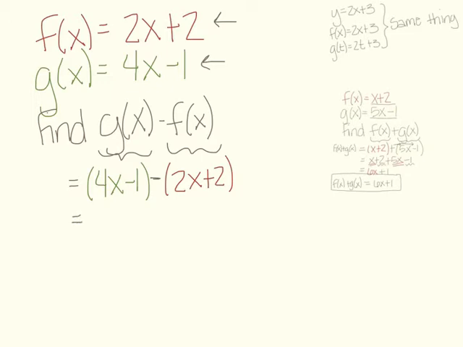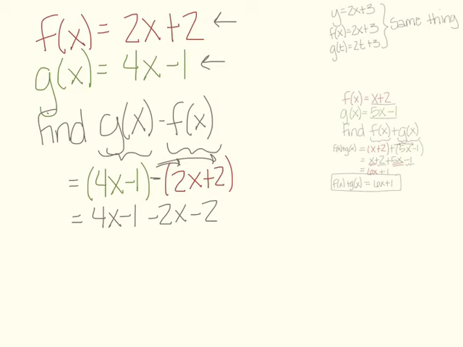So again, in these first parentheses, nothing changes, so I can just rewrite it without the parentheses. But in this next set of parentheses, I have distributive property. Negative times 2x is a negative 2x. Negative times a positive 2 is a negative 2. Notice that both signs changed. Negative times a positive is a negative. Negative times a positive is a negative.